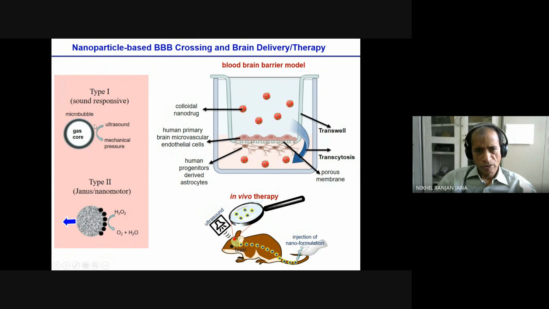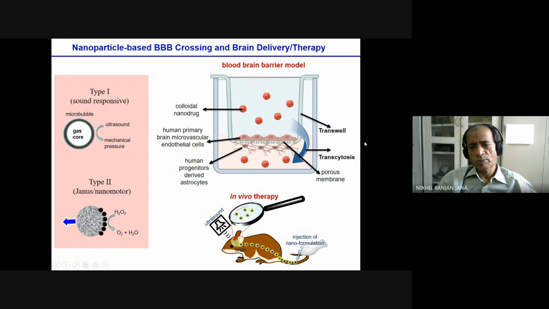And this is a kind of molecule that are Janus particles or nanomotors, or ultrasound-responsive particles with gas cores. Gas core, I showed examples last time. Here it's a nanomotor with a Janus structure. Let's say micro or nanoparticles, one side is platinum or gold. They can quickly degrade hydrogen peroxide. So oxygen will be generated, and this gas can push your particles in a directional motion. These directional motions lead to nanomotor structures.